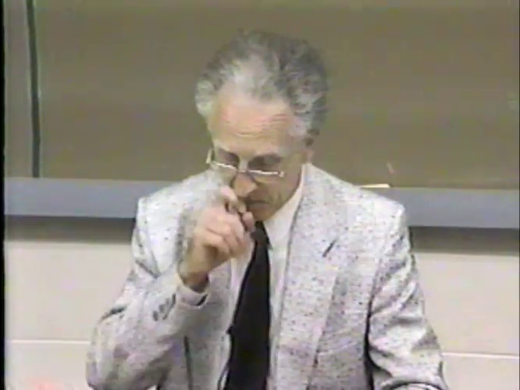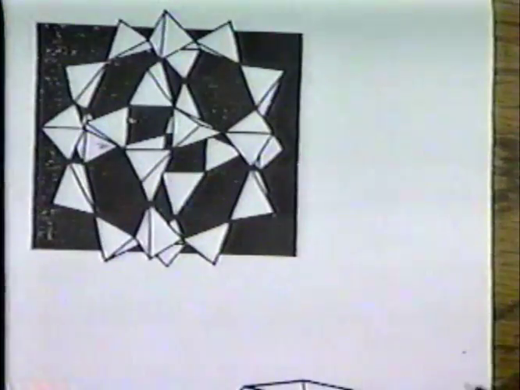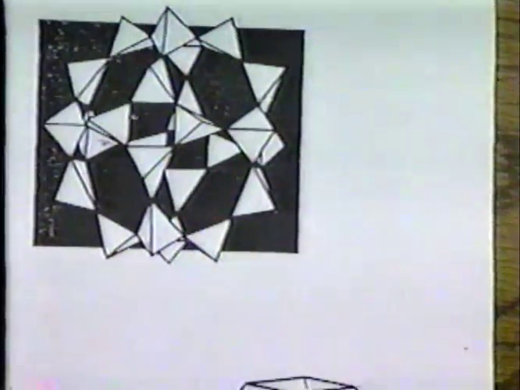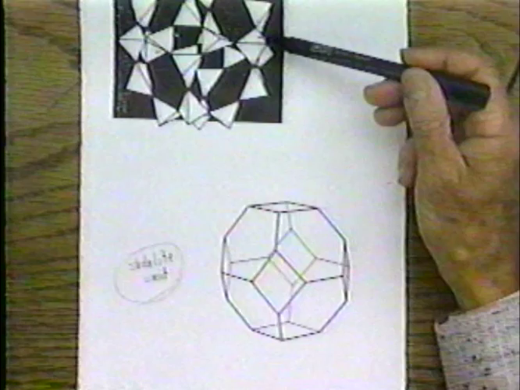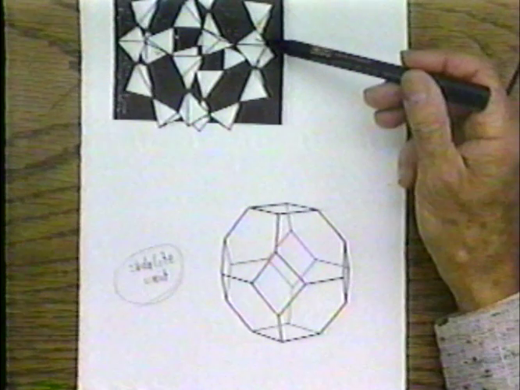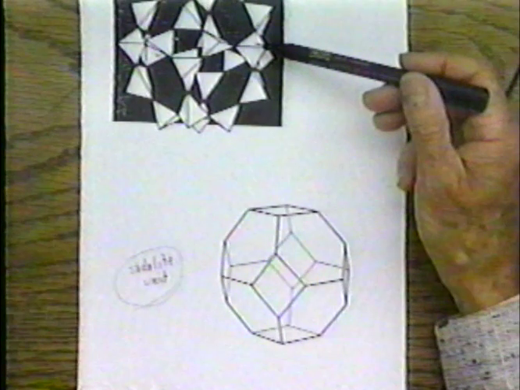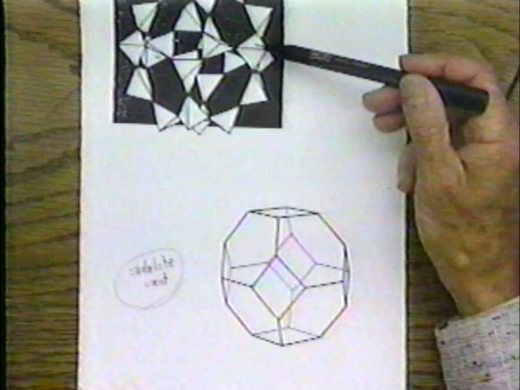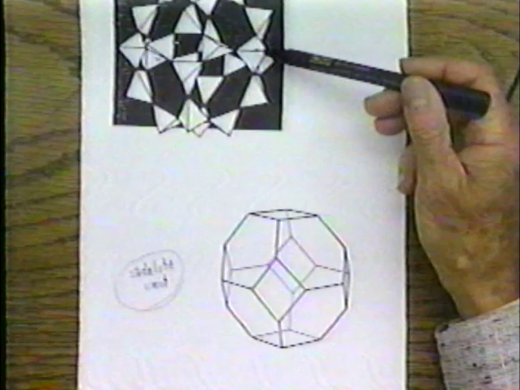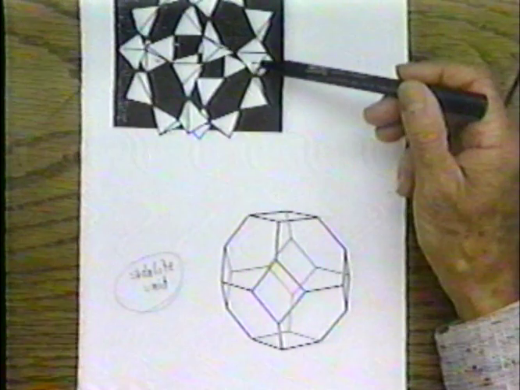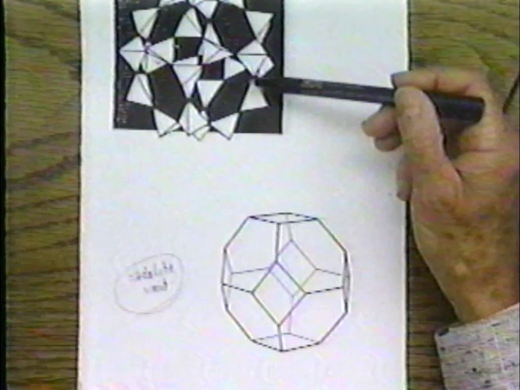First of all, this structure here. This is known as a sodalite unit, and it's called that because it appears in an actual material called sodalite.